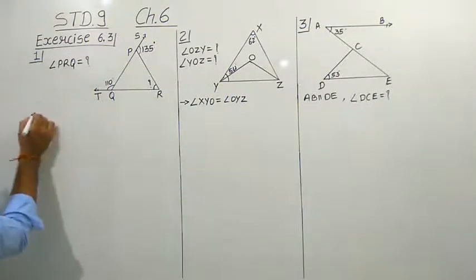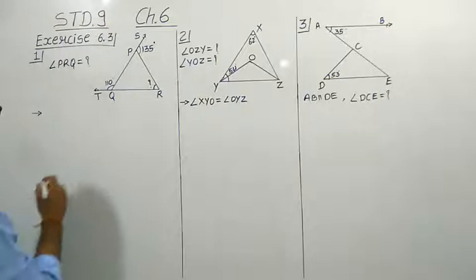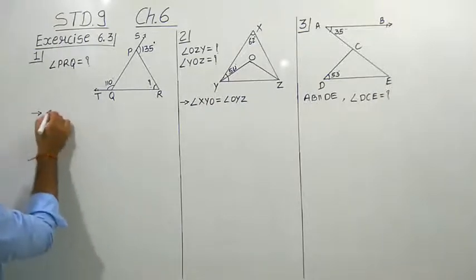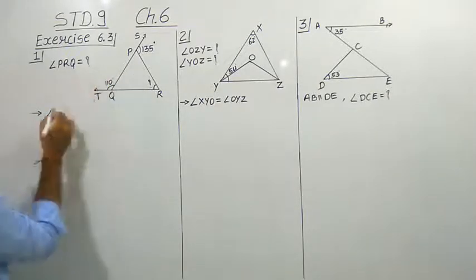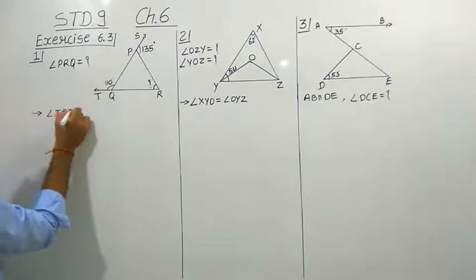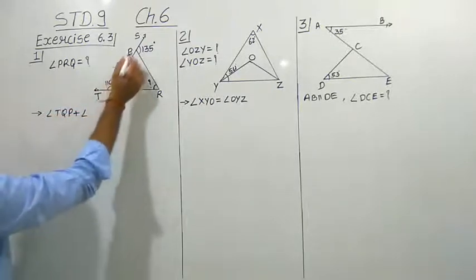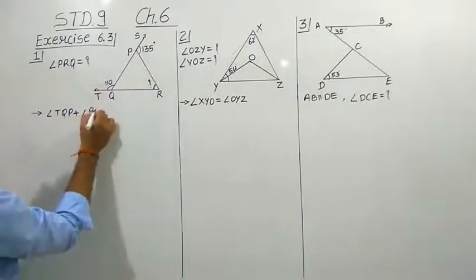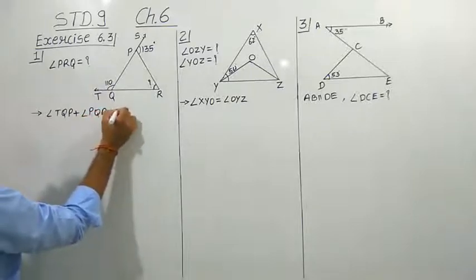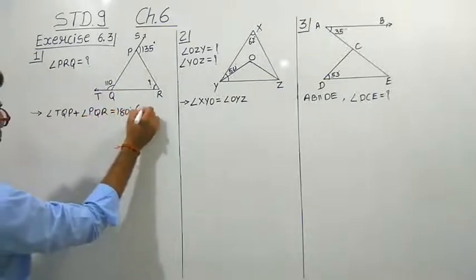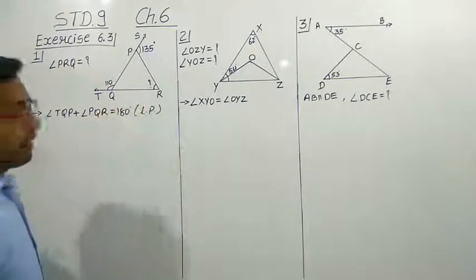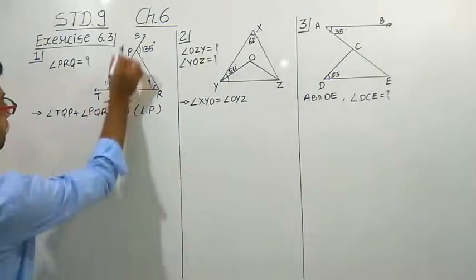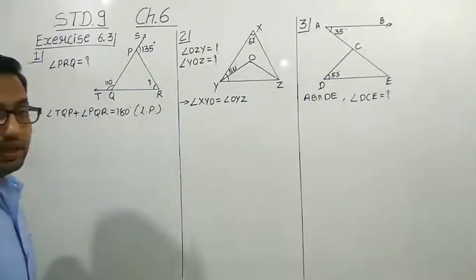Here we can write angle TQP plus angle PQR. The total will be 180 degrees because of the linear pair. Both angles TQP and PQR make a linear pair.